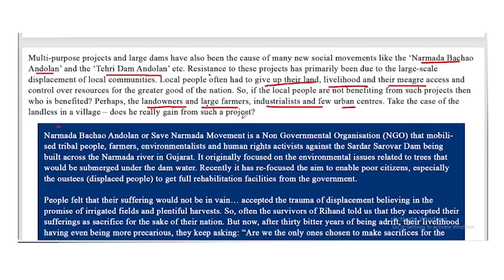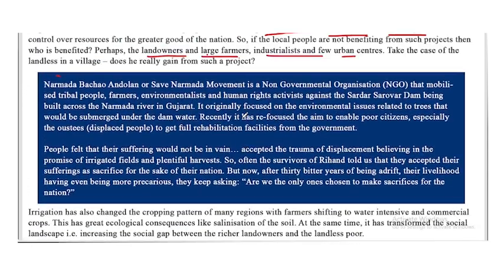Now let's discuss a case study: Narmada Bachao Andolan, or Save Narmada Movement. It is a non-governmental organization that mobilized tribal people, farmers, environmentalists, and human rights activists against the Sardar Sarovar Dam being built across the Narmada River in Gujarat.